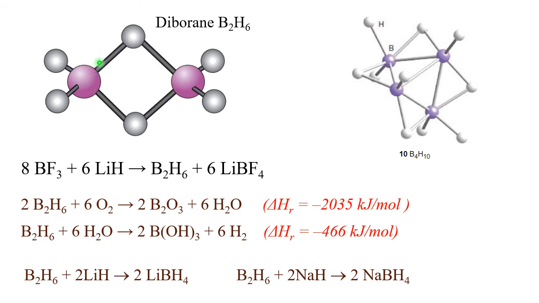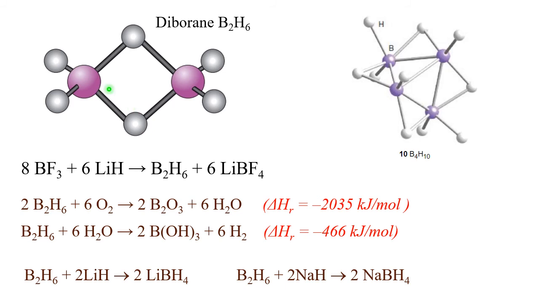Instead, it has hydrogen bridge bonds of such structure. So there is one common orbital that contains two boron atoms and one hydrogen. Hydrogen atoms are not located on a straight line, and this assembly is almost quadratic.